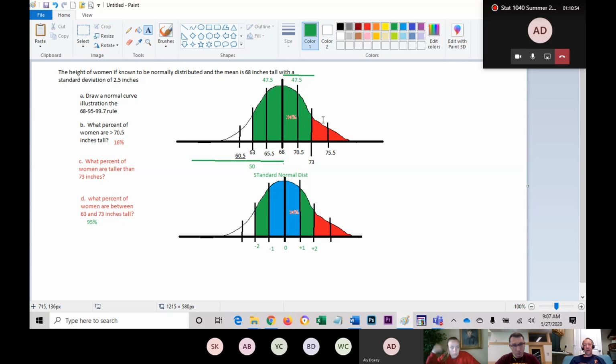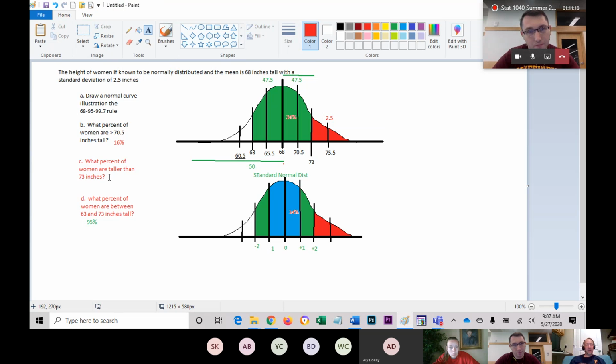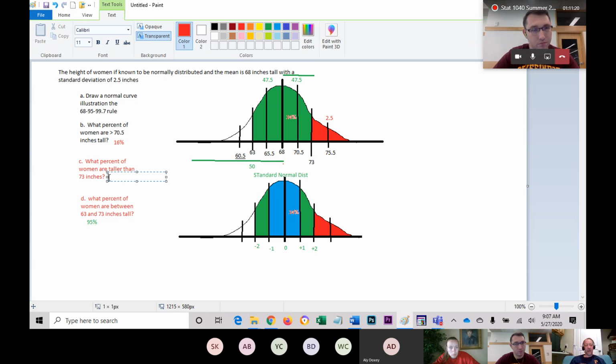So what would be the red area? 2.5. 2.5%, okay? So the percent of women taller than 73 inches would be 2.5% of women.